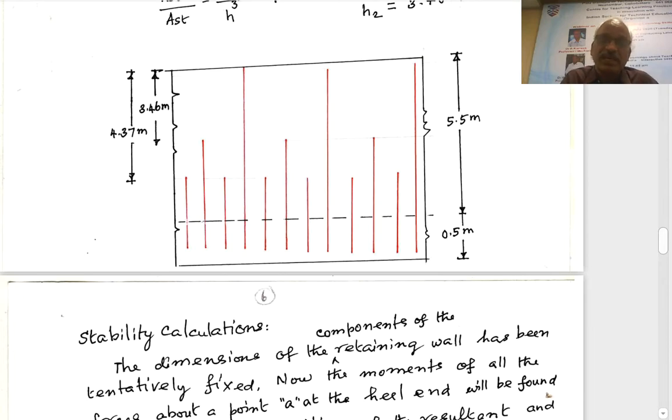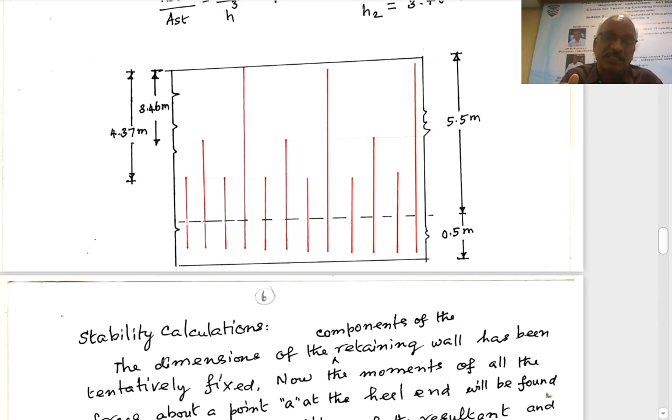So we can see every fifth bar will be available for the full height. Every third bar will be available up to 3.46 meters, and every alternate bar is available for 4.37 meters. So from 4.37 to 5.5 meters all bars are available.